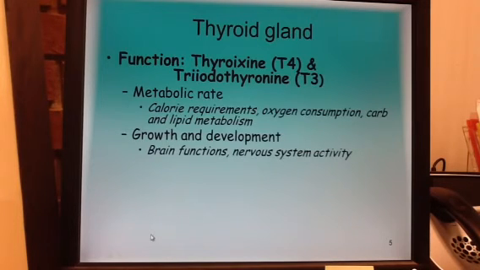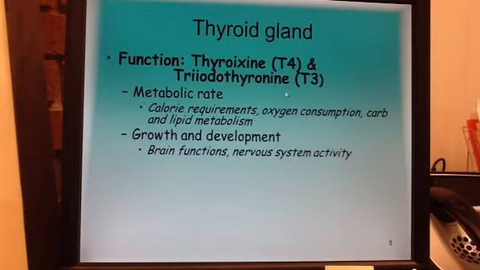The major functions are the production, storage, and release of thyroid hormones, thyroxine, which is T4, and triiodothyronine, which is T3. The thyroid gland also produces calcitonin. Oh, that's on down a little bit farther.